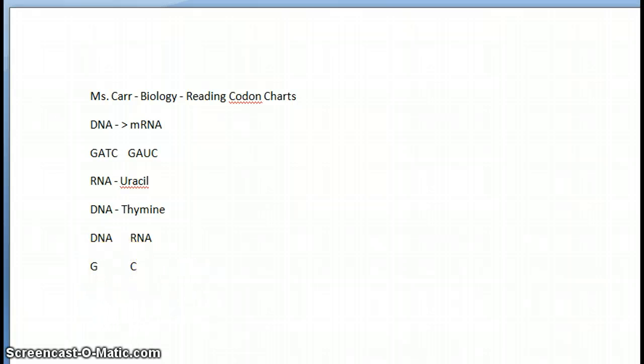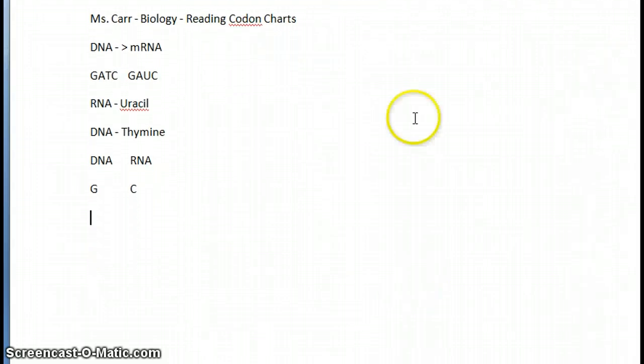So in DNA we have G's, and in RNA we have C. So every time we have a C in DNA, it is going to bond with a G in RNA.